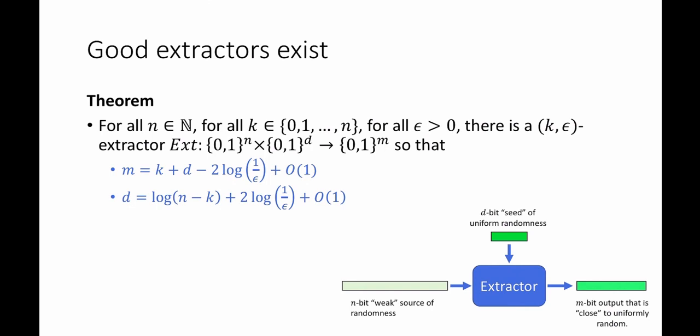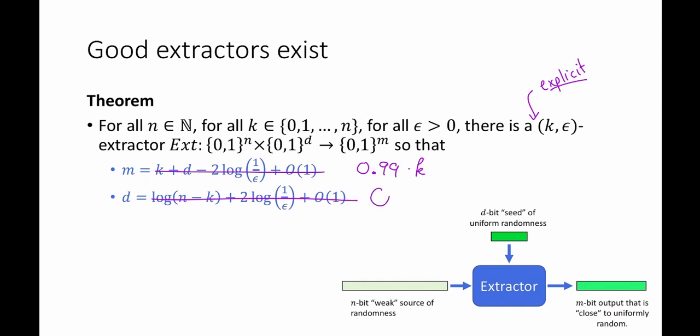In particular, if you want an explicit construction, so here explicit means that it's a deterministic construction that I can efficiently manipulate, then I can't get quite these parameters, but I can get close. In particular, at least for constant epsilon, I can get m equal to 0.99 times k, where 0.99 can be replaced with any constant you want that's less than 1.